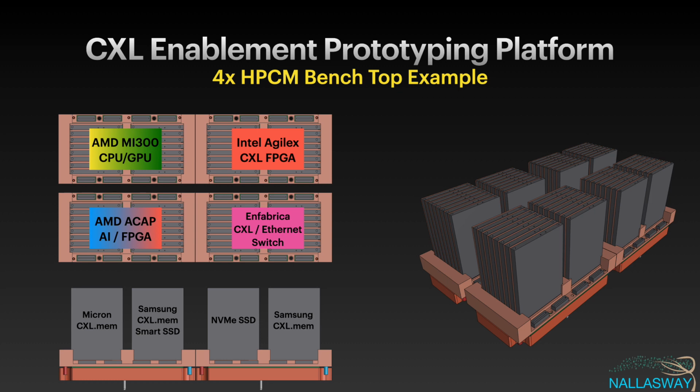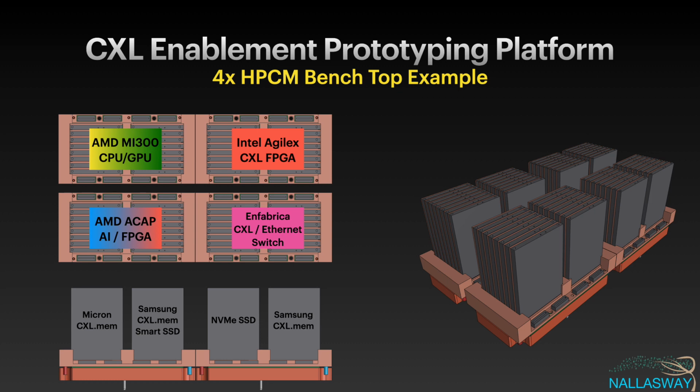Some of the early sites that we've got on additional modules to build would be the AMD MI300, the CPU GPU combo, the Intel Agilex CXL FPGAs as well, and also a startup called Fabrica that are building a CXL and Ethernet switch. And I've given a few examples here of the different media types, like a Micron CXL.mem, or Samsung, who have some really interesting products.